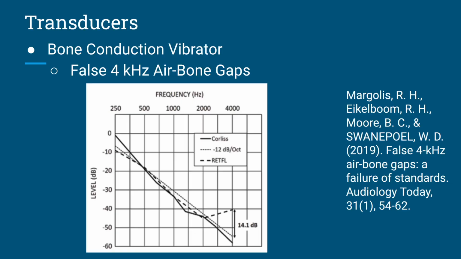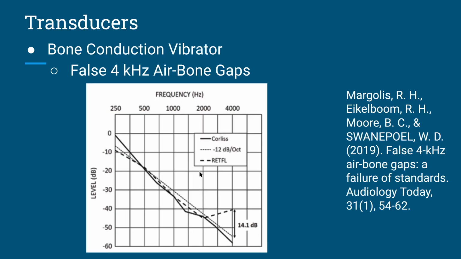It's an old study by Corliss from 1959 that showed that in bone conduction audiometry, there's a constant acceleration of negative 12 dB per octave. And we see that in the data itself by Corliss, and we see it in a pure curve, negative 12 dB per octave.